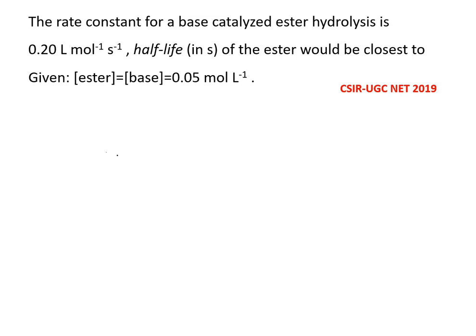So we will be using our known expression that t half is equal to 1 by k A0. So 1 by 0.2, the data are given already. K has this unit, I am not writing it anymore, and A0 is 0.05. So that means it gives you 100 seconds.